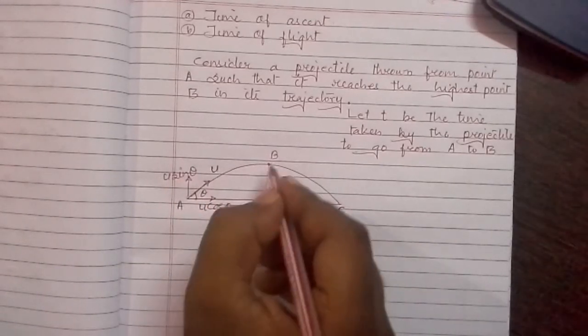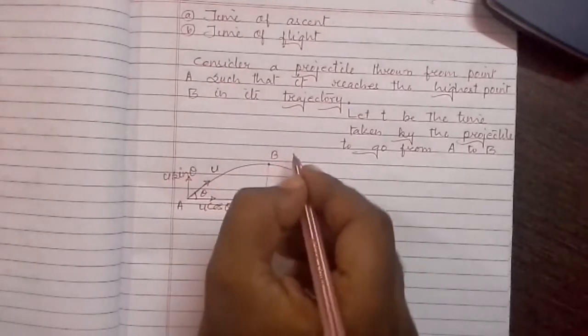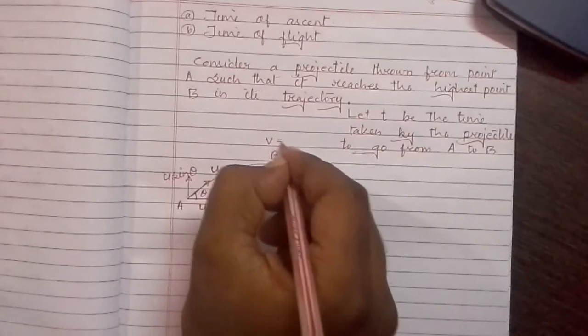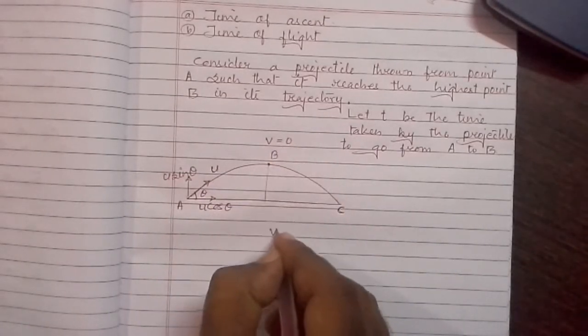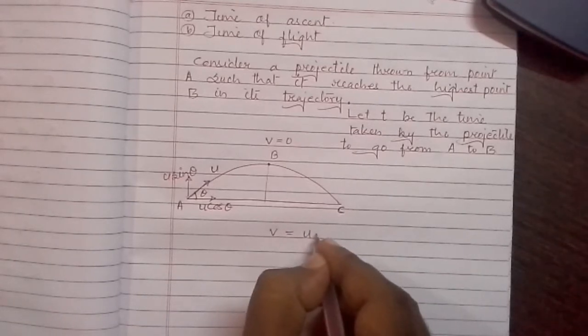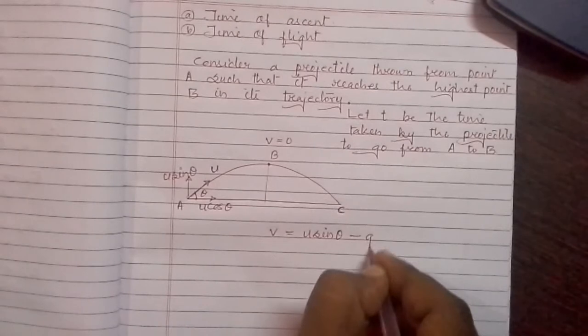So we know that at the final velocity at point B, the highest point, the vertical velocity, let us say v, is equal to 0. So now we can write v is equal to u sin theta minus gt.